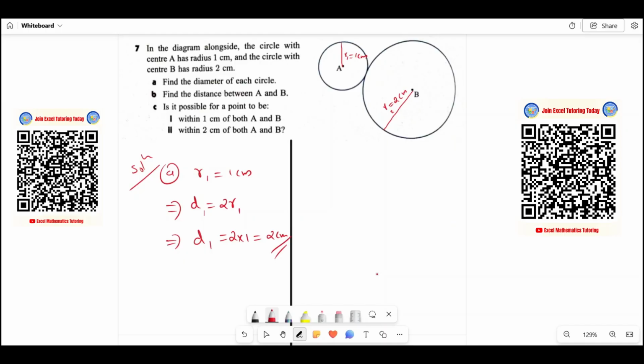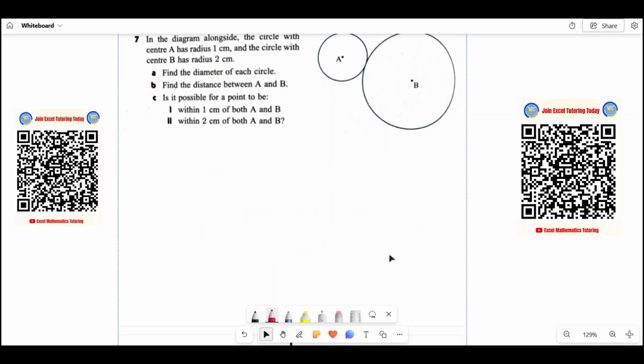And for the second one, r2 is 2 centimeter and the diameter is 2r2, so 2 multiplied by 2, that is 4 centimeter. This answers the first question of 7A.